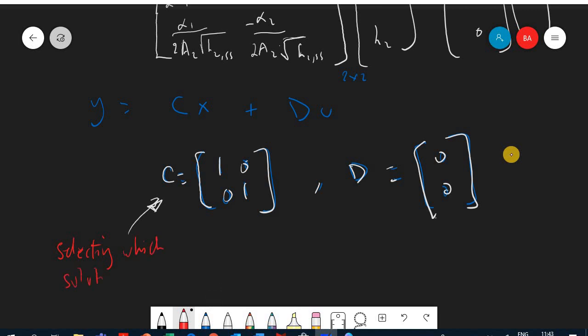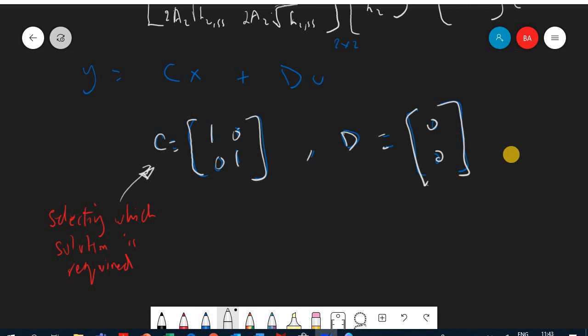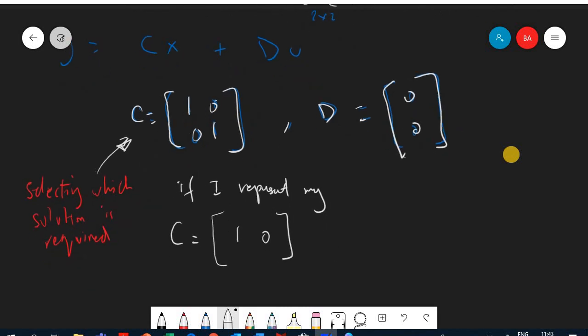What I'm trying to say is that if I represent C as 1, 0, and this is multiplied by h1 prime and h2 prime, like we have Cx, right?